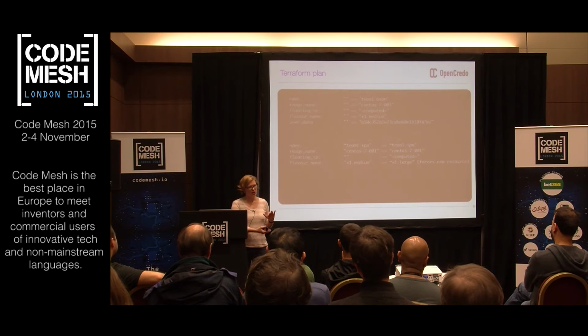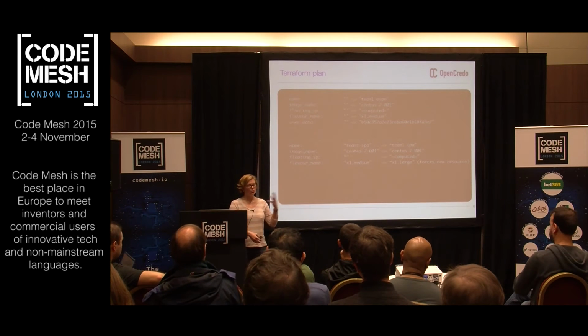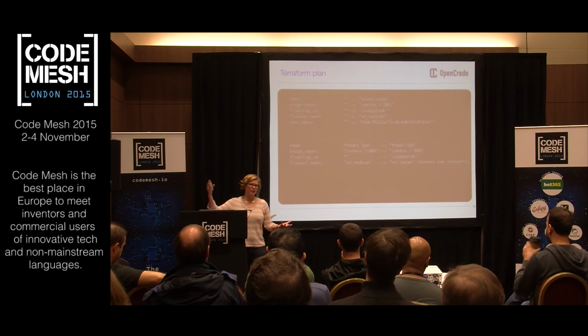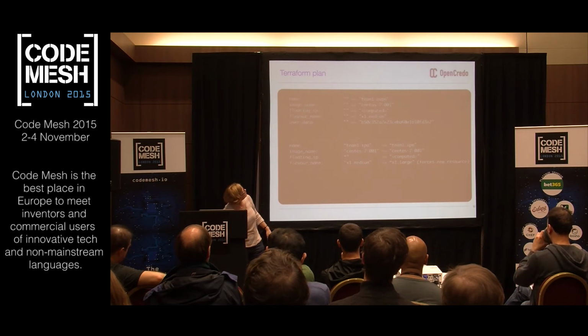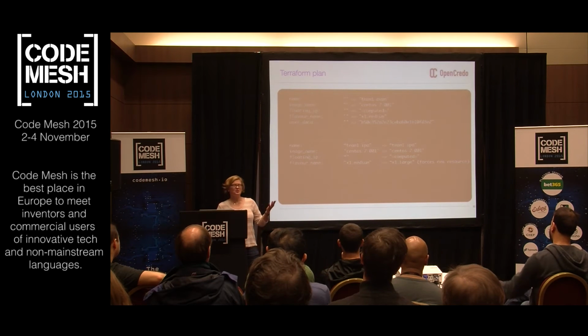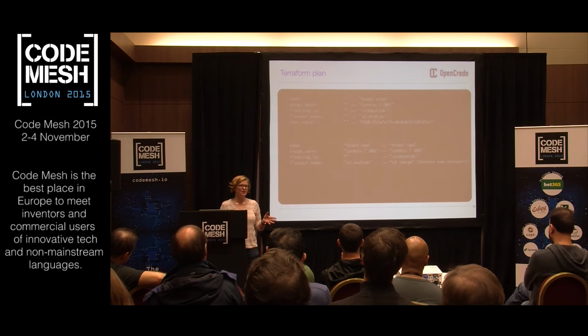Whenever you make changes to that definition, it will have a look at what you've changed. It will have a look at the cloud provider, and it will say, this is what I'm going to do if you execute me. The example up here, you can't really see that, can you? It's not great. But the top level is essentially saying, I'm going to create an OpenVPN box in this setup.